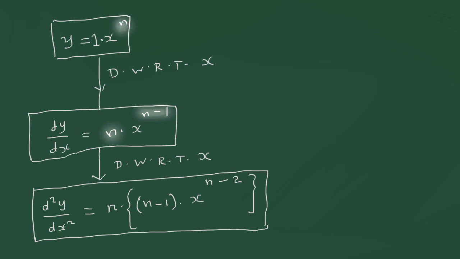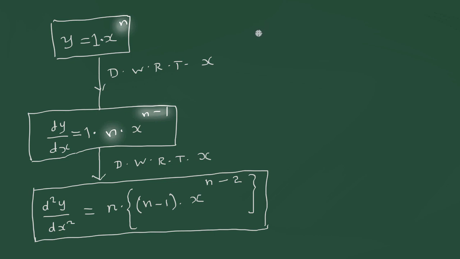You can also write the 1 here, so this is equal to 1 into this quantity. It is very similar. 1 is coming out here, now n is coming out here. That's all about it, and we are going to use this formula for doing the differentiation.